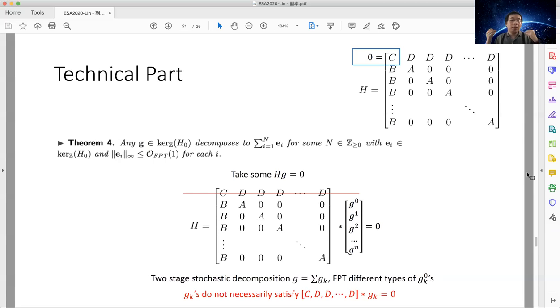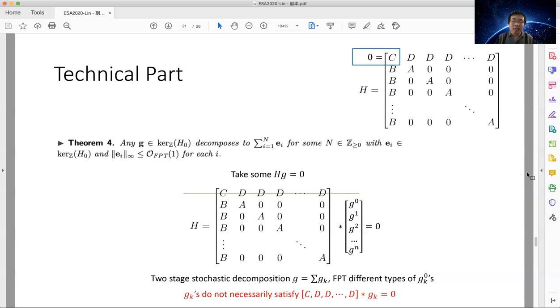Here we will be using a known result for two-stage stochastic integer programs: any element that lies in the kernel of a two-stage stochastic IP can be decomposed into a series of thin elements. So from that perspective, we should be able to write G as a summation of G^k, where each G^k lies in the kernel of the two-stage stochastic matrix obtained by removing the first row.